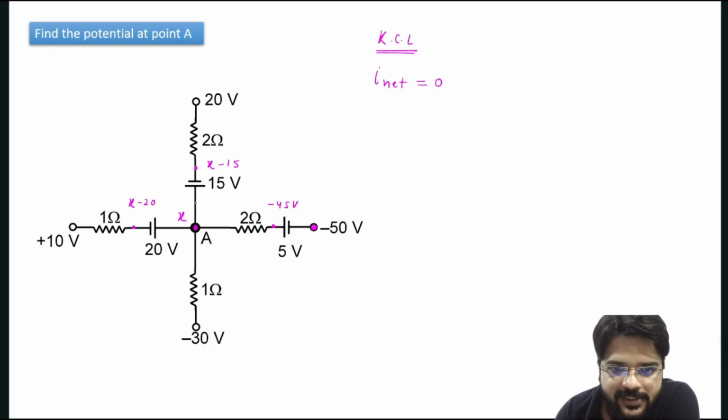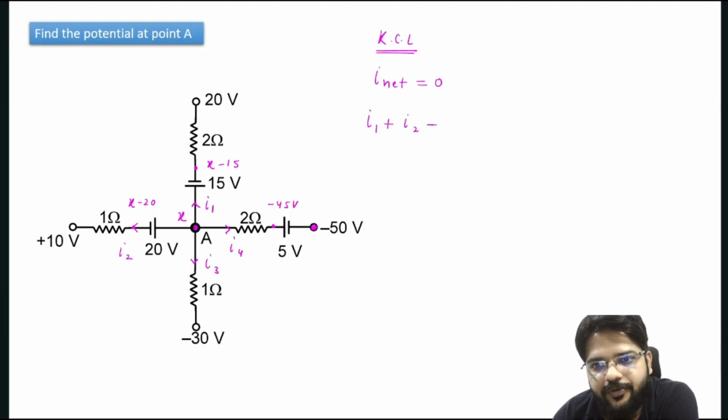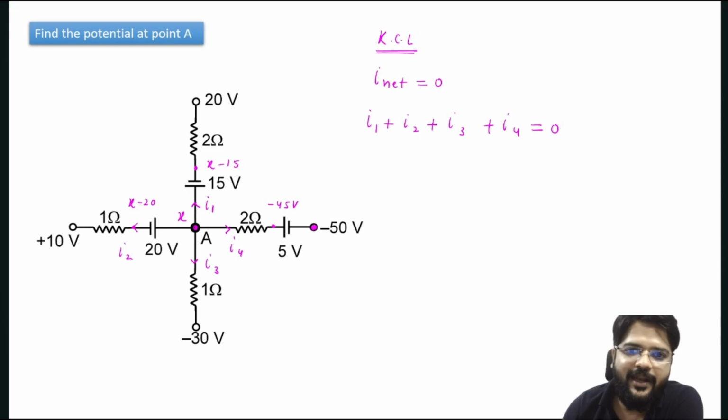Let's suppose from this A point, in this direction I1 current is coming, in this direction I2, here is I3, and this is I4. Correct? Now if we add all the currents, it should be equal to 0, so I1 plus I2 plus I3 plus I4 equals 0.